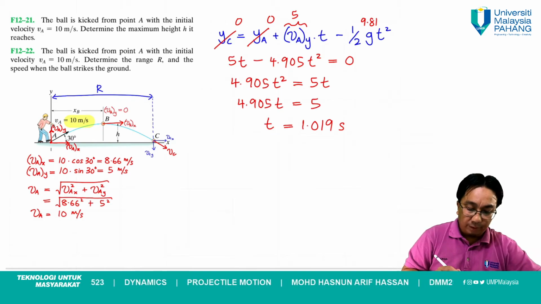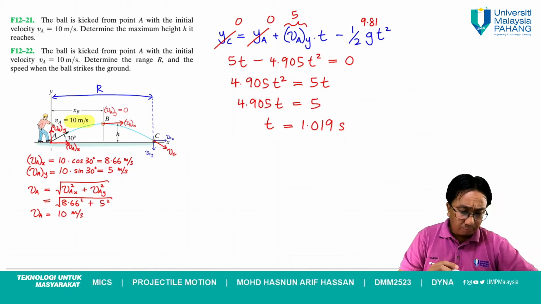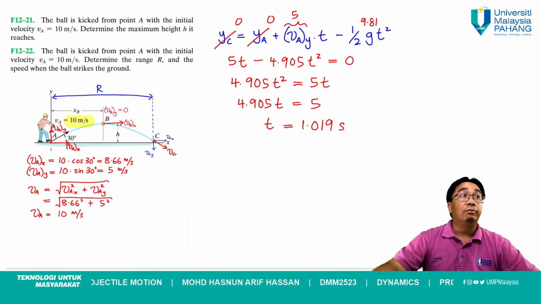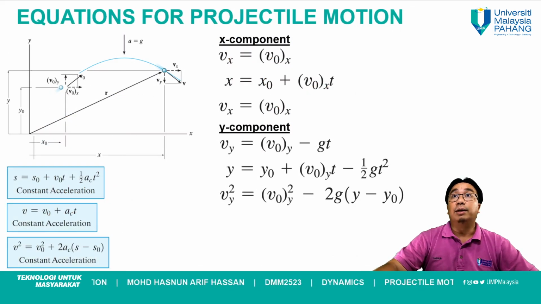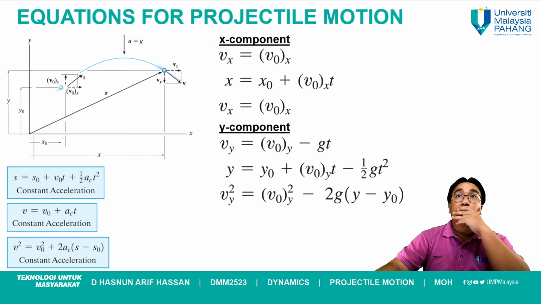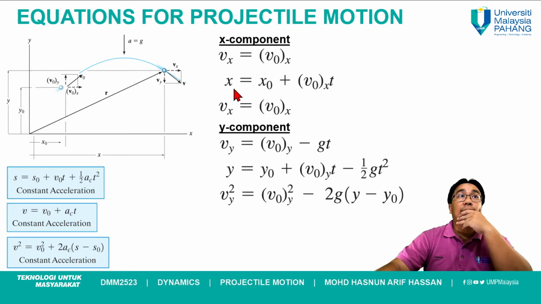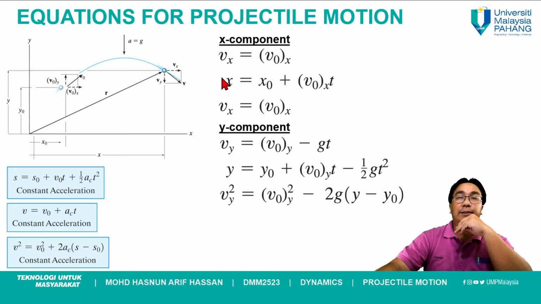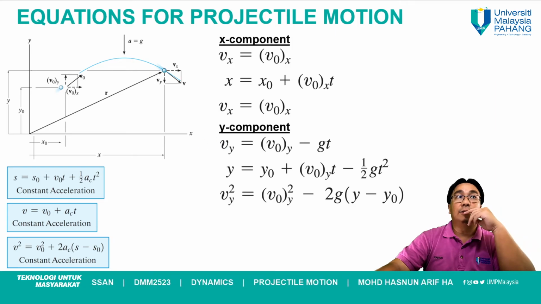Okay, kita belum lagi menjawab soalan. Once we have the value of t, kita boleh sekarang patah balik ke this equation. Yang kita nak sebenarnya this one, x equals to x naught plus v naught x times t. Yang kita nak tahu ialah x ni lah, x pada C, which is equal to r tadi according to the question.